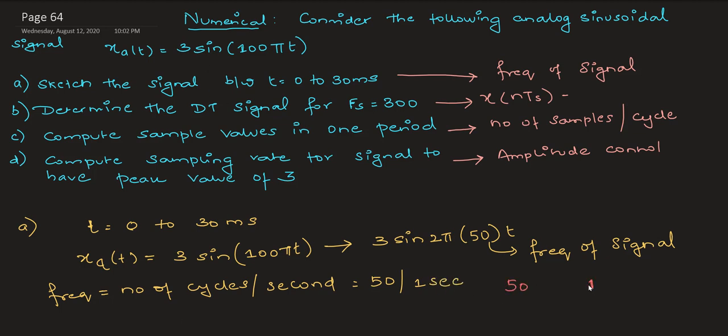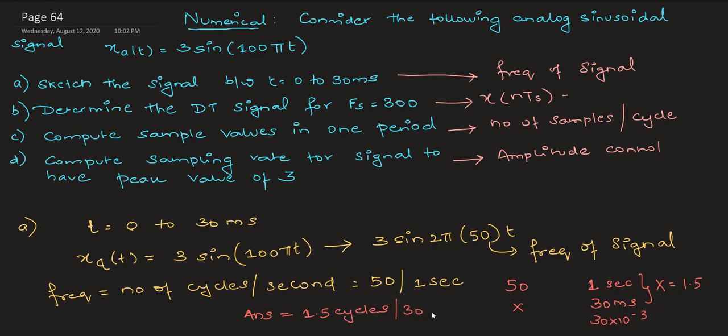The question is, in 30 millisecond, how many cycles do we have? We are solving it as a simple ratio problem, and we get x equal to 1.5 if we take 30 millisecond as 30 into 10 to the power of minus 3. So between the time interval 0 to 30 milliseconds, you have 1.5 cycles.